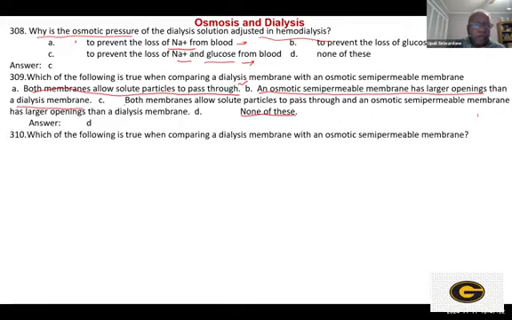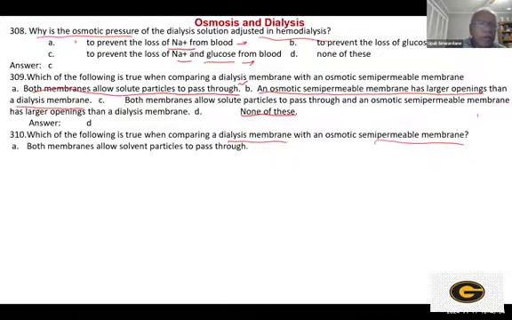Which of the following is true when comparing dialysis membrane to semi-permeable membrane? Both membrane allows solvent to pass through. Oh, this is solute. Dialysis allows, I was reading this as solvent.